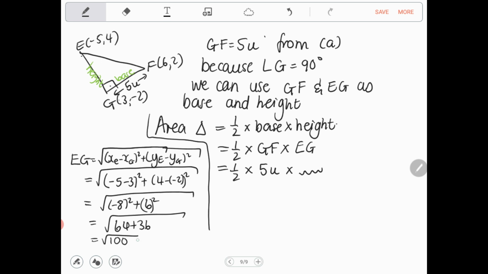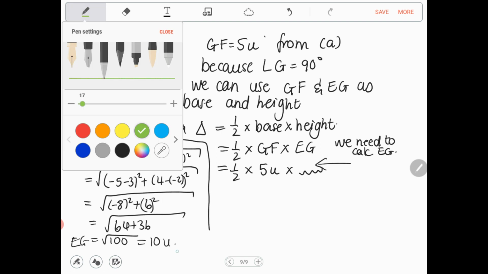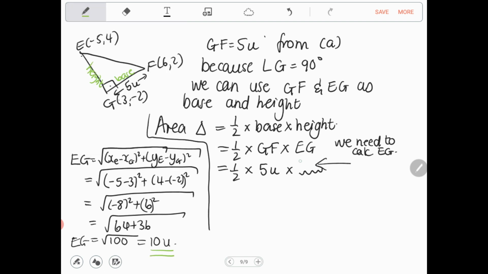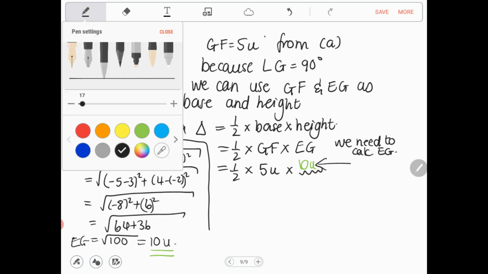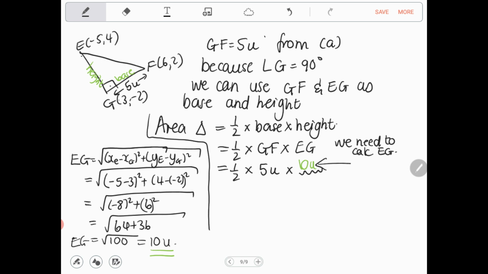Square root of 100, which gives me 10 units. So we need to calculate EG, and we've just worked out that it is 10 units. All right, so now we can do our calculation. Sorry, that's very messy.